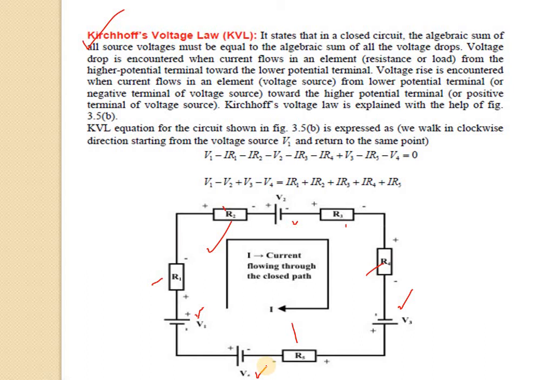That means in this closed loop, the summation of all voltage sources and voltage drops equals 0.